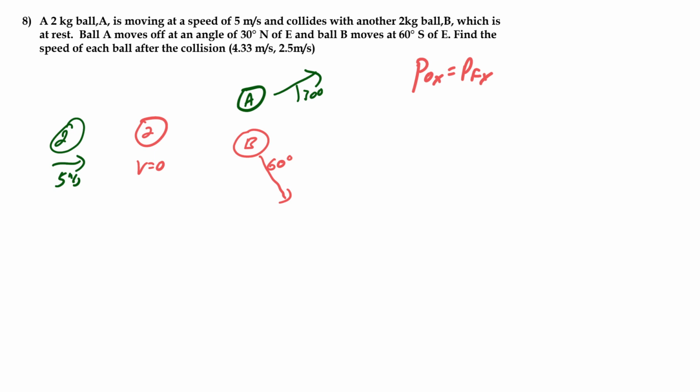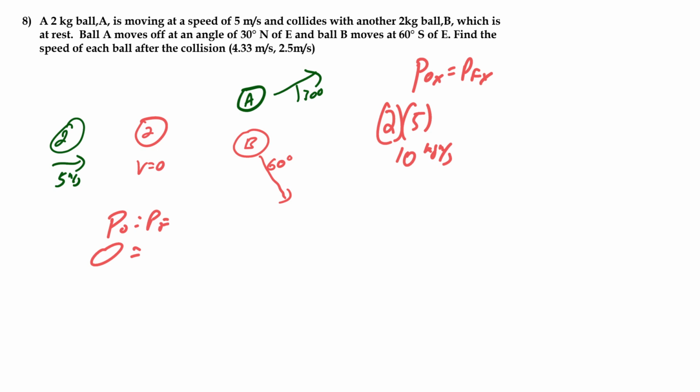So again, only one ball is moving horizontally, so that's the 2 times 5, so there's going to be 10 kilogram meters per second of momentum in the x direction. And then in the y direction, same thing, except there is no initial momentum, right? Because there's nothing moving vertically before. Now after the collision, you have two things moving in both the x and the y direction, right?